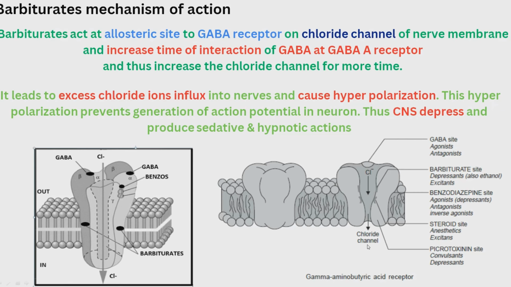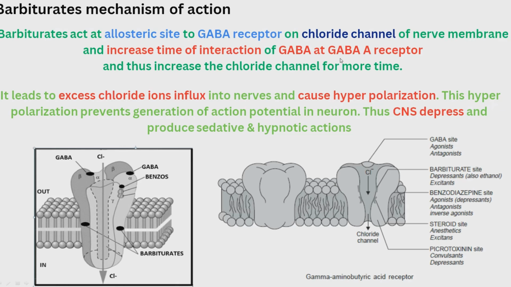So more chloride ions influx into the neuron, and this causes excess negativity up to minus 90 millivolts. That is called hyperpolarization.